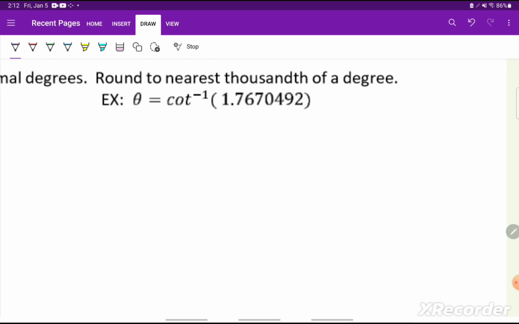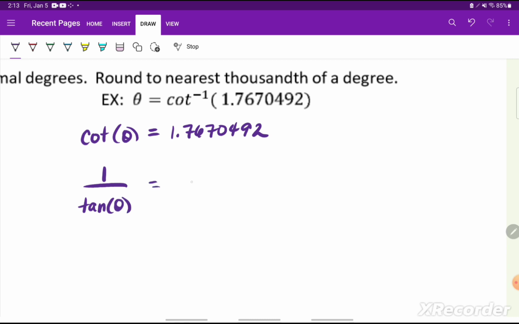If theta equals cotan inverse of 1.7670492, then that means that cotangent of theta equals that number. We know that cotangent is the reciprocal of tangent, so we can rewrite this left side 1 over tangent of theta.